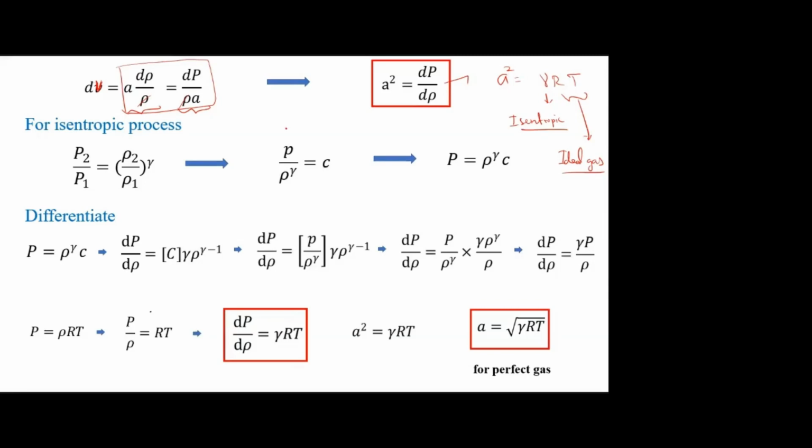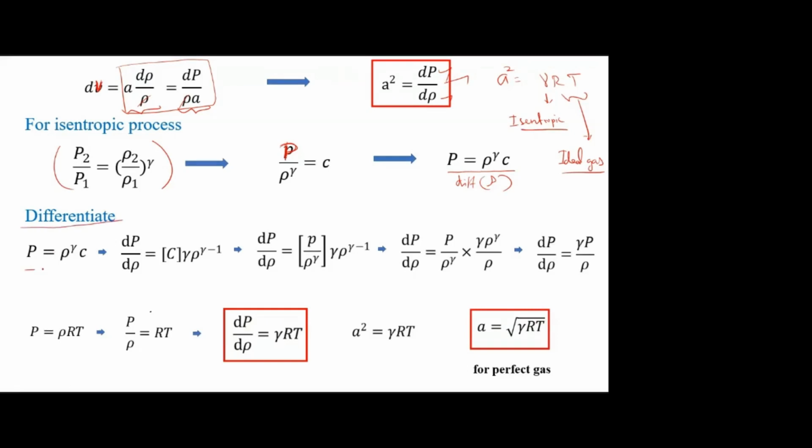First, I'm taking the isentropic relation, the relation between pressure and density. The simplified form is P divided by rho power gamma is equal to constant. If you rearrange, you will get P is equal to rho power gamma into C. We need dP by d rho, so I'm going to differentiate this with respect to density.